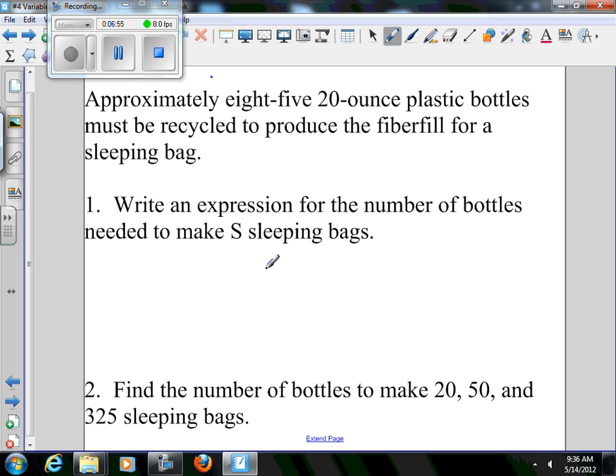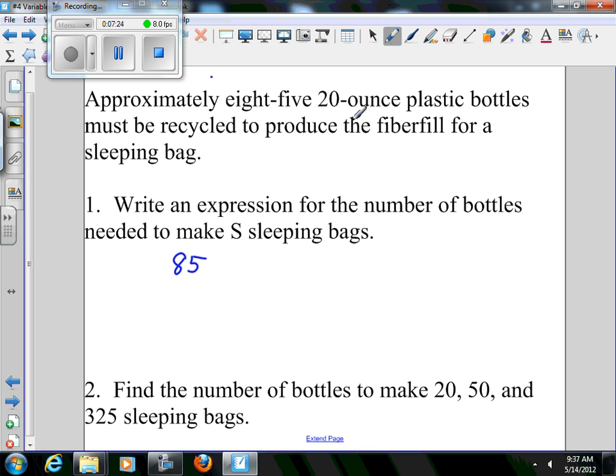Now it says approximately 85 20-ounce plastic bottles must be recycled to produce the fiber fill for a sleeping bag. Write an expression for the number of bottles needed to make S sleeping bags. Well, if you need 85 bottles to make one sleeping bag, by the way, the 20 in here doesn't mean anything as far as this problem goes.